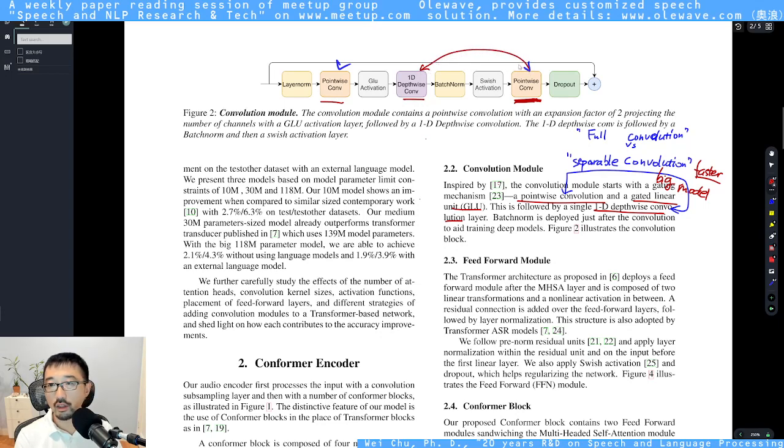I can understand if you decompose the full convolution into the depthwise convolution and the pointwise convolution to reduce the cost, or you break up the convolution into this and this, right? And also it can reduce the computational cost.